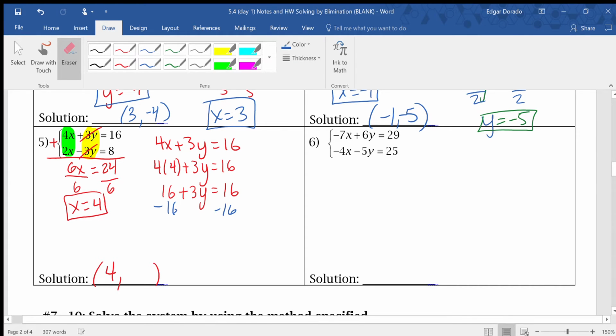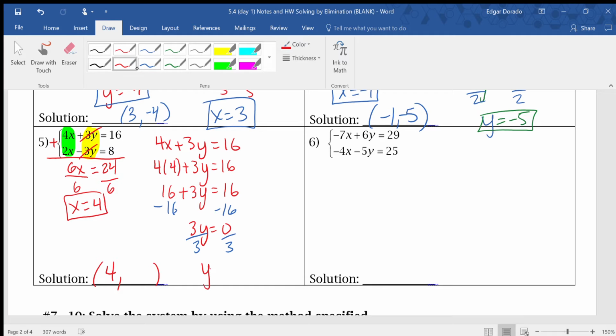Okay, subtract 16. So I get 3y equals 0. Well, I still need to get rid of that 3, so I've got to divide by 3. And we know that 0 divided by any number is just 0. So my final ordered pair is 4, 0. All right, great job.